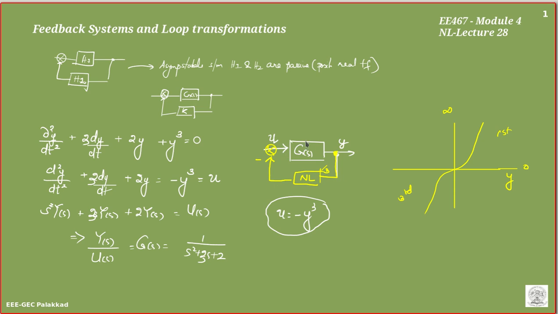Even though we have a nonlinearity of minus y cubed here, the whole system is asymptotically stable because this term here is passive and lies within the 0 to infinity sector. Okay, so that is the idea that we are going to use for the rest of the systems, for analyzing the stability of nonlinear systems using the Nyquist plot.